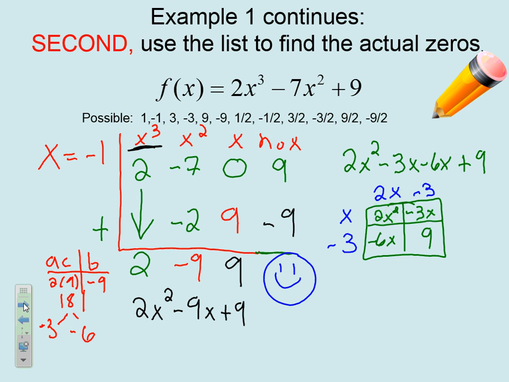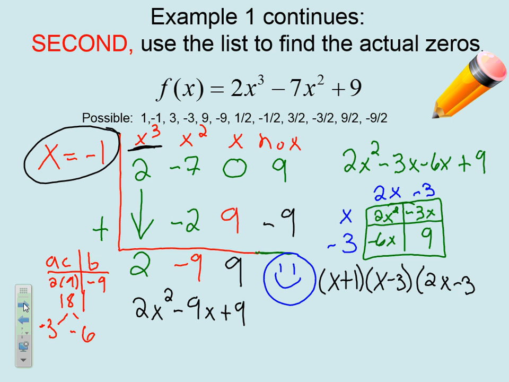I have to make sure that I have all of them. My factors for this one are going to be, we can't forget about this, it's going to be the opposite of that, so it's going to be x plus 1, x minus 3, and 2x minus 3.